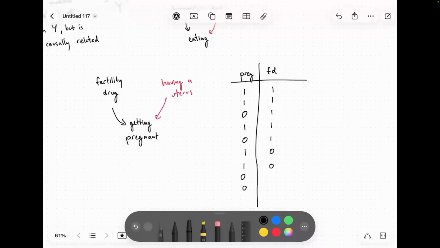Okay. If I were to just run this in a regression, this would tell me something about the efficacy of this fertility drug, right? But if I were to add a control for uterus, and it would be something like this. Okay, I have to be careful here.